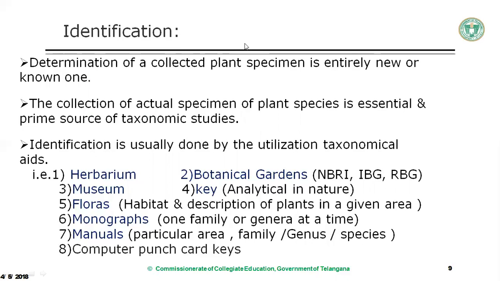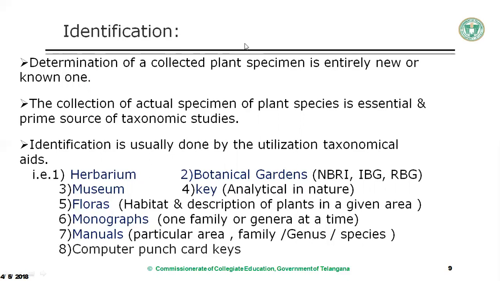So without a plant specimen, we are unable to do the identification process. Identification is usually done by the utilization of various taxonomical aids. So first of all, the primary identification taxonomical tool is the herbarium.